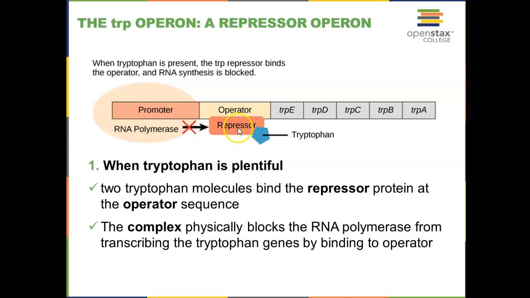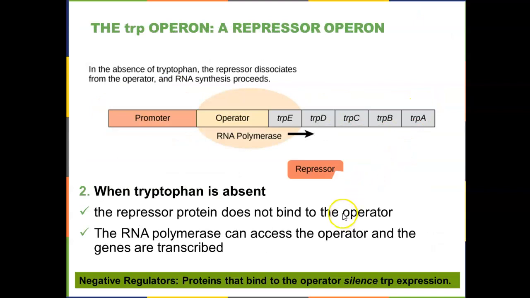And this protein here has a couple of different states that it can exist in depending on what's around. So if tryptophan attaches to it, it takes on a shape that allows it to bind to the operator and block transcription. So when we've got lots of tryptophan, there's no reason to go ahead and make more of it. We'll save energy. But if tryptophan becomes rare, there's a low probability of it being around to attach to this repressor.